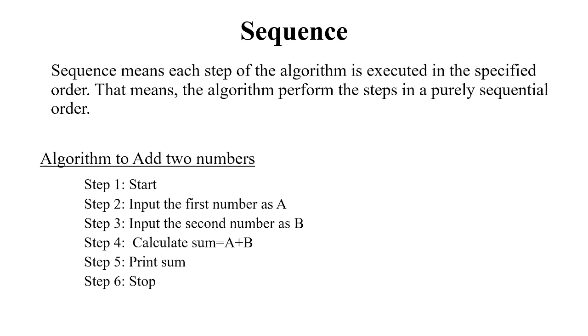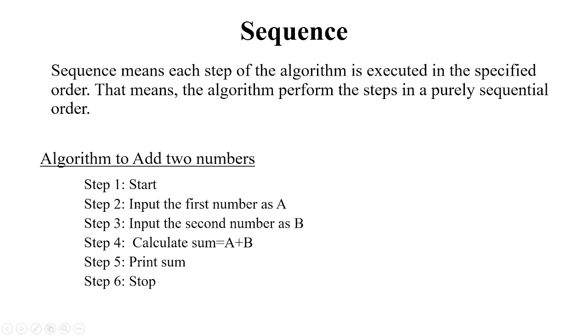The best example we have presented regarding the key feature of sequence in an algorithm is an algorithm to add two numbers. If we are asked to instruct the computer to add two numbers, and the language in which I am presenting the instructions is understandable, in step 1, I say, computer, start the work.